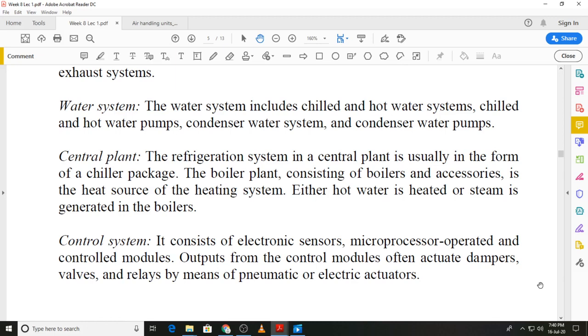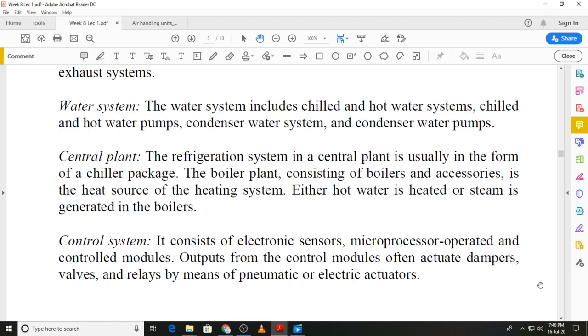We have controls which are now microprocessor based, and we have various sensors which can be temperature gauges, can be humidity measuring sensors, pressure gauges, and we have a central control system.